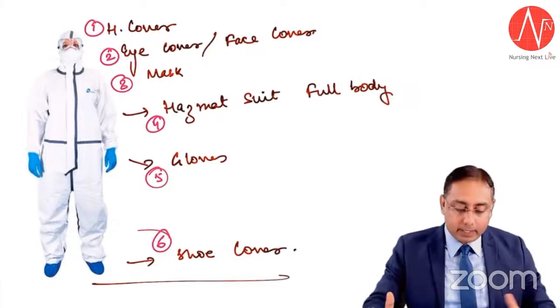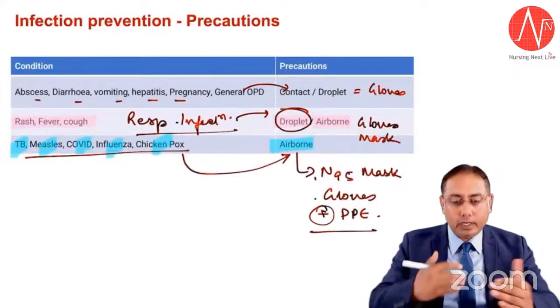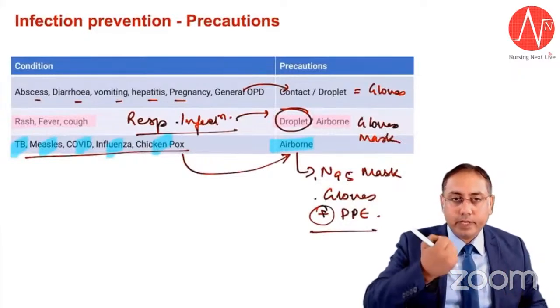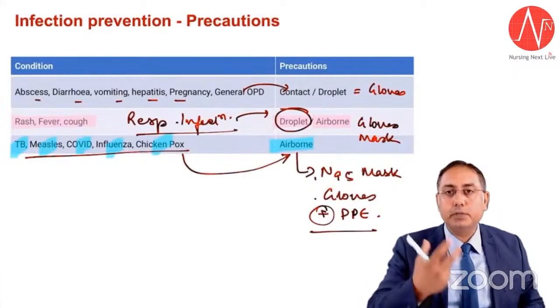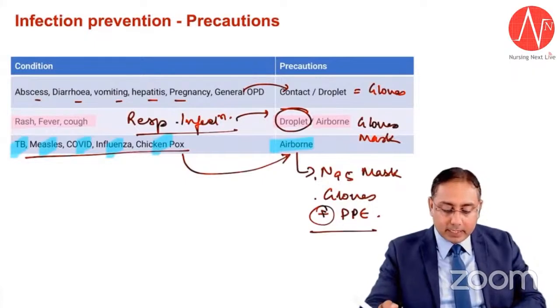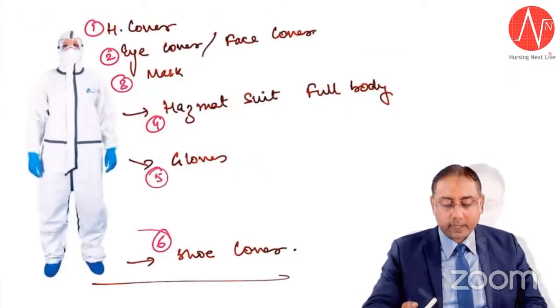It is always recommended in diseases like COVID-19, influenza, chickenpox, with very close proximity handling. So if you're doing intubation procedures, or very close secretion-producing interventions in the patient, in those cases you need to have the complete 6-element personal protective equipment.